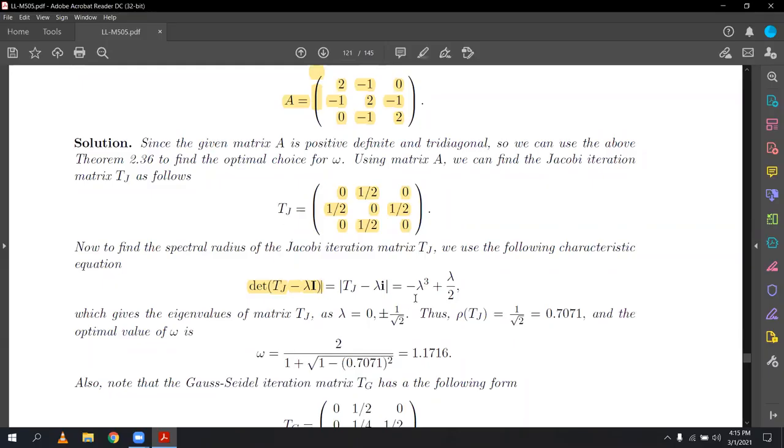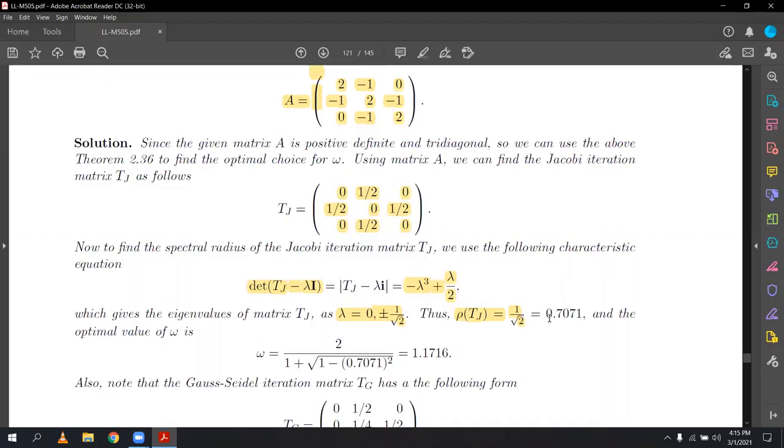When we find this, the determinant, we will get this one. And this is the value of this one. And then we take the maximum value. So what is the spectral radius of Tj? It is this one, and the spectral radius of Tj should be less than 1 because we have to show the Jacobi method converges. Yes, it is less than 1, so it converges.